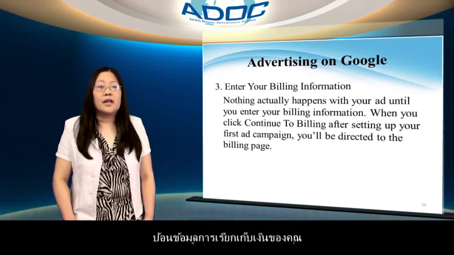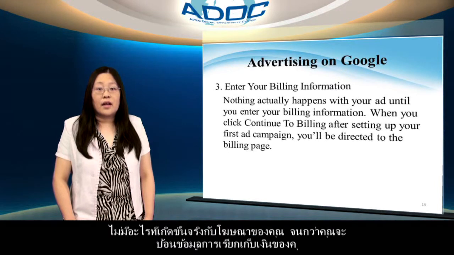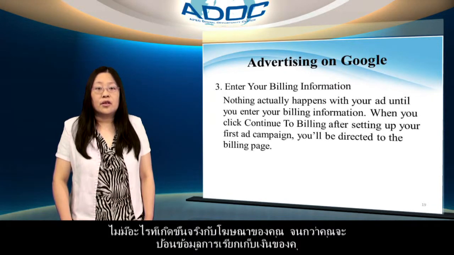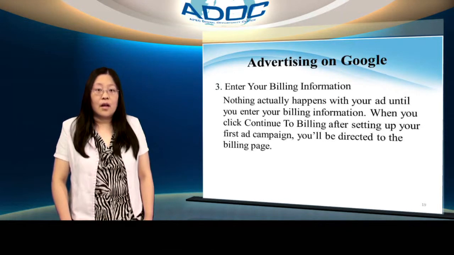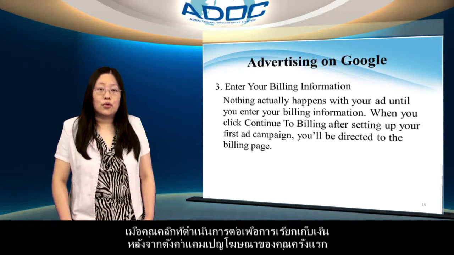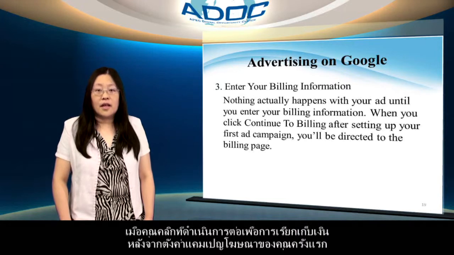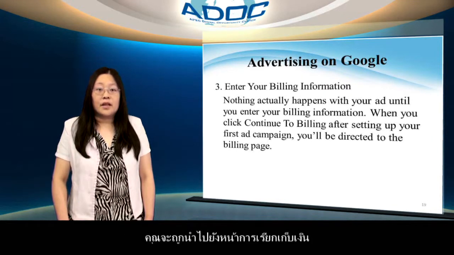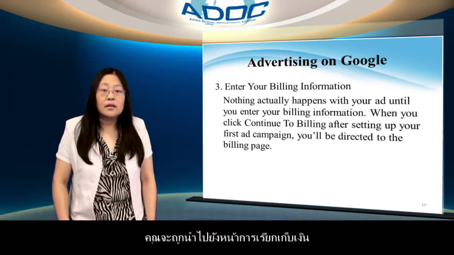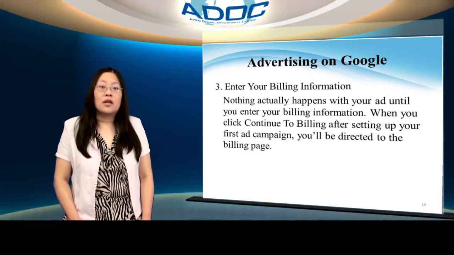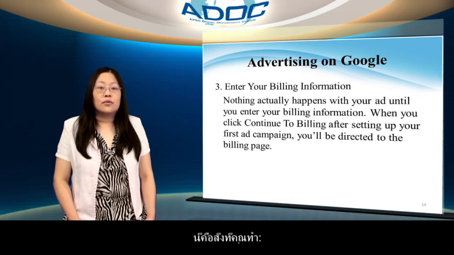Enter your billing information. Nothing actually happens with your ad until you enter your billing information. When you click Continue to Billing after setting up your first ad campaign, you'll be directed to the billing page. Here's what you do.